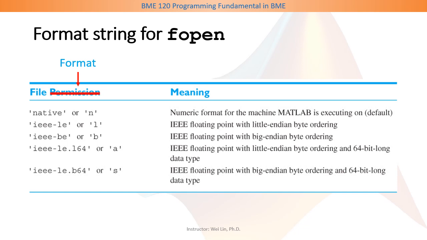And I don't think you need to change that. All the other options are very specific, and unless you have a reason to use them, try to avoid using the other formats, because that will add a level of complexity when you try to read data back from a file.